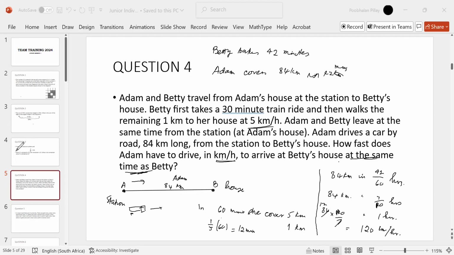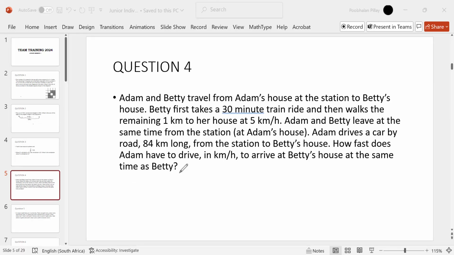But the other way is where you use the formula: the distance is equal to speed times time. That is a very important formula that we have in these problems. The distance is equal to the speed that you're traveling multiplied by the time that it takes. Like if you're traveling at 40 kilometers per hour to Petermarisburg, that's your speed, and it takes you 2 hours.